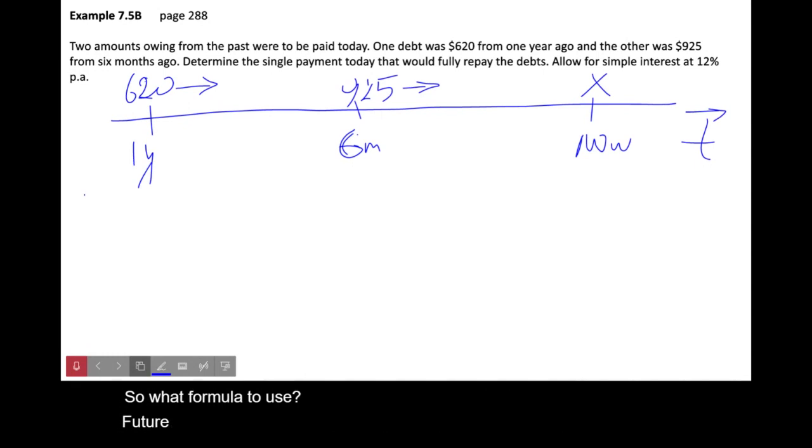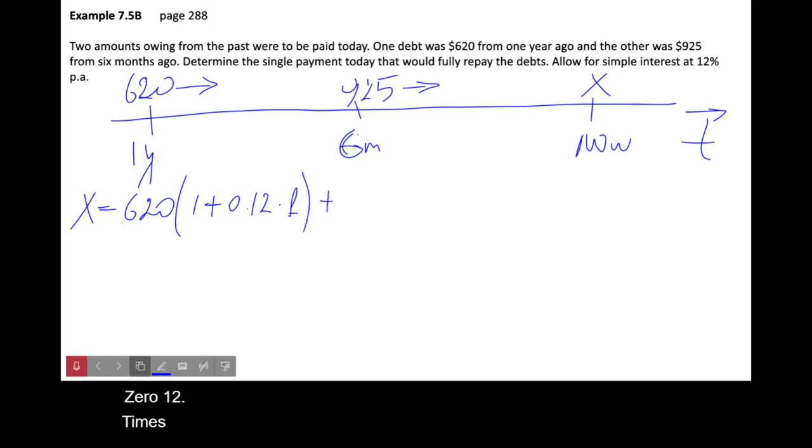Future value, yes. So x is 620 times (1 plus 0.12) plus 925 times (1 plus 0.12 times 6 over 12).